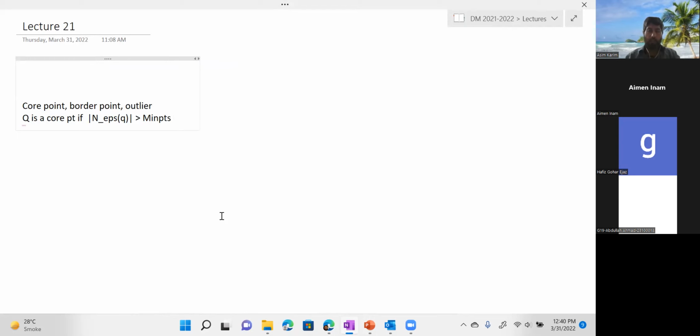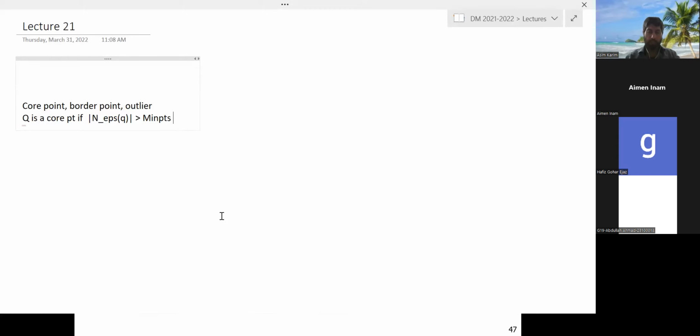Okay. So what does this mean? N of Q is basically the neighborhood around Q, and this neighborhood is defined by EPS. If the number of points in this neighborhood is greater than minimum points, which is the other parameter, then Q is a core point. So in other words, Q lies at the center of a dense region. Okay. So that's a core point.